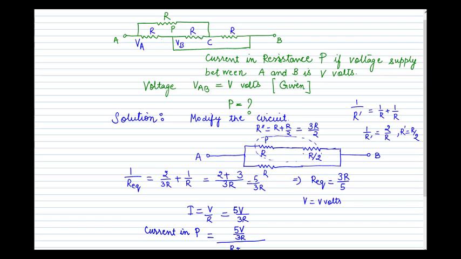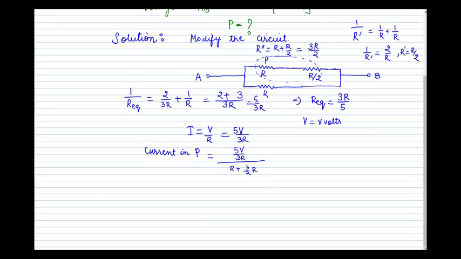So this is 3R by 2 plus R. So 3R by 2 we can write as 3 by 2 R. So this will be the equivalent resistance, R plus R by 2 and R.